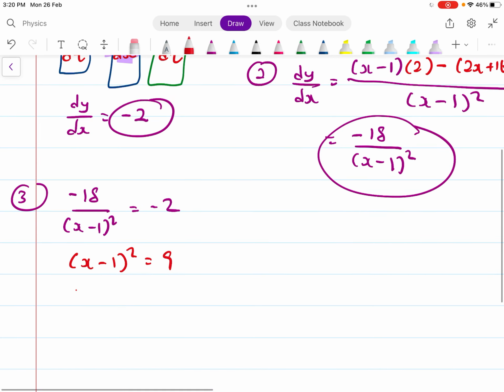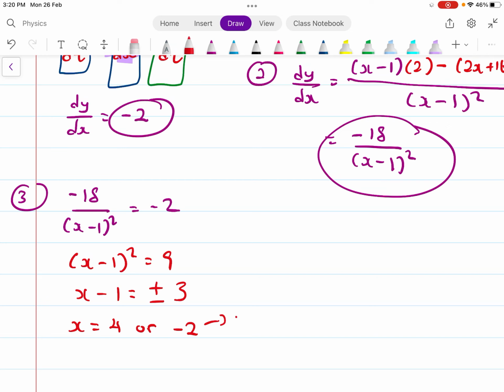Square root both sides: x minus 1 is equal to plus or minus 3, because the square root of 9 is plus or minus 3. Then you get 2 answers: x is equal to 4 or negative 2. Since they tell us x and y are positive, you must reject this, so x is equal to 4.